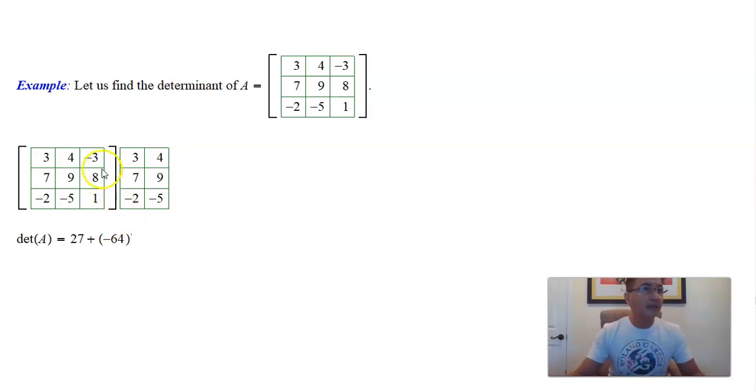Okay, next one, you have 2 negatives, so that is positive. So 21 times 5 is 105. So that's going to be plus 105. Okay. Now backwards. 7 times 4 times 1. So minus 28. And then, there's a negative there.